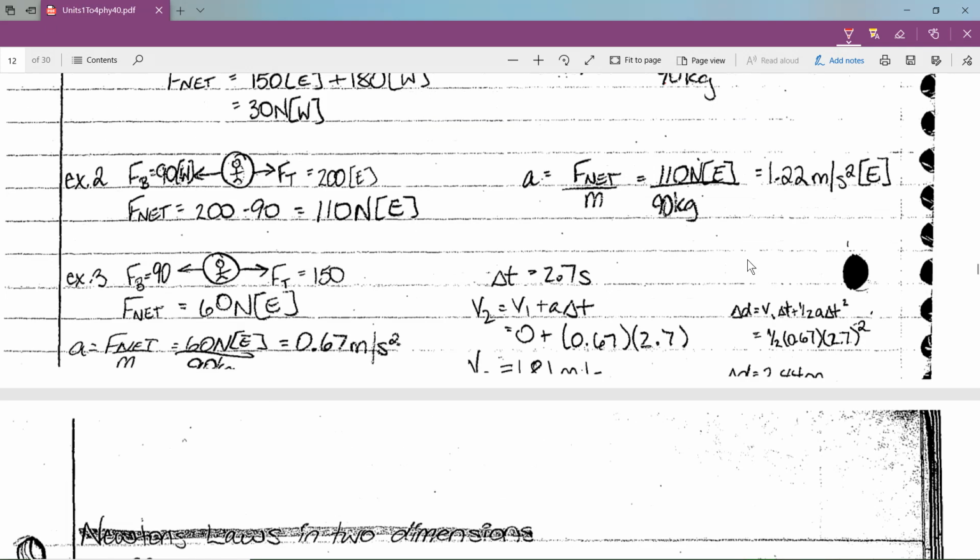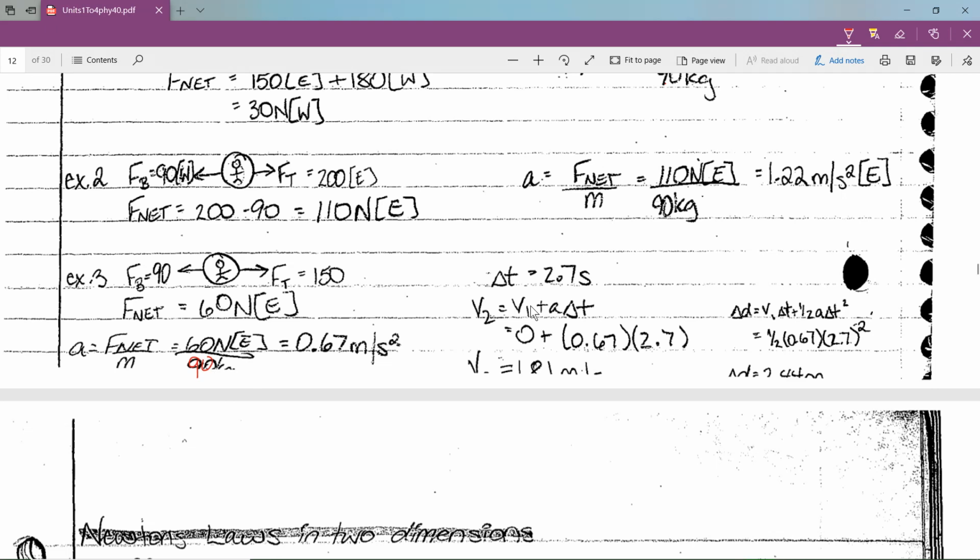Okay. The third example, we have Tarzana moving 150 newtons to the east, and the beast 90 to the west. So my net is in Tarzana's easterly direction, 150 minus 90, 60 newtons to the east. So the acceleration is 60 over 90, 0.67 meters per second squared.